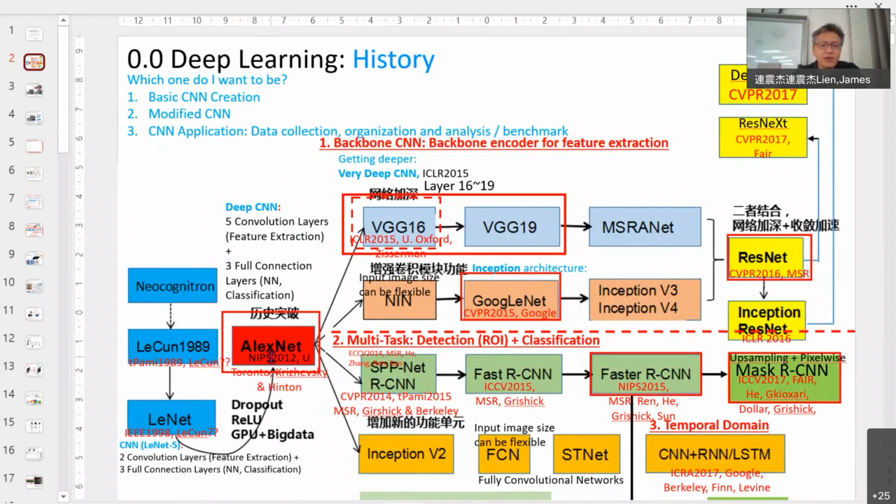After this, people started to pay attention to deep learning. We have VGG in 2015, the same year 2015 we have GoogleNet, and next year, 2016, we have ResNet. So up to ResNet, we call this backbone.